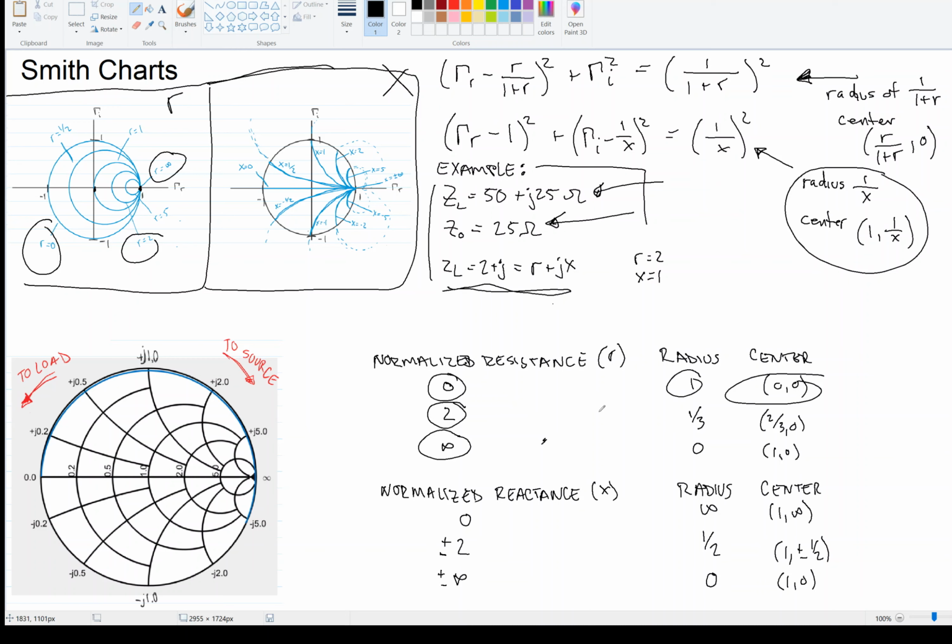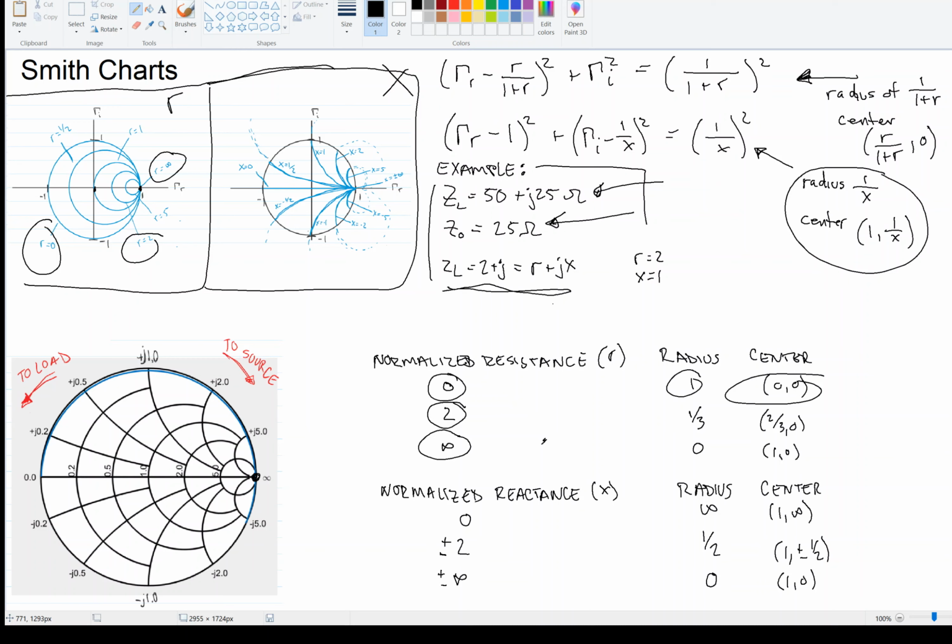As R increases, the radius goes down. So here's an R of 0, an R of 0.2, R of 0.5, R of 1, R of 2, R of 5, the circles are smaller, and for R of infinity, the circle is just a point. All the circles pass through 1, 0, that's this point here. R is infinity at that point.